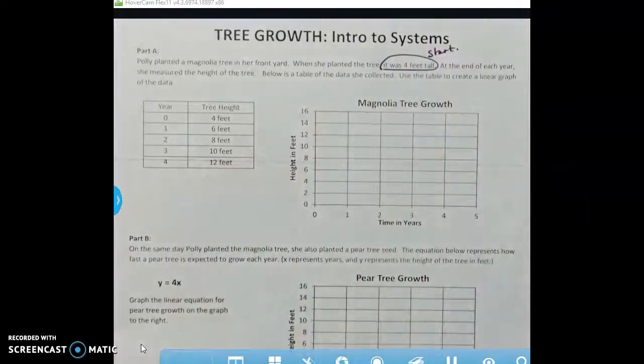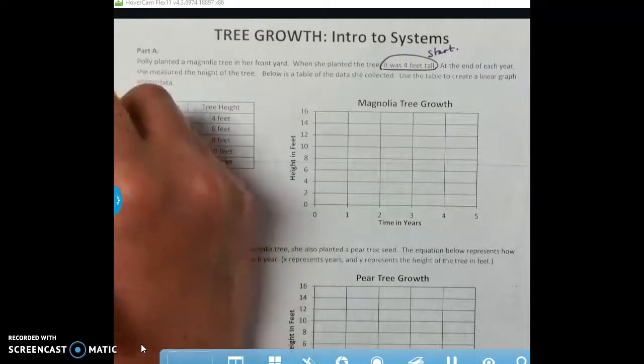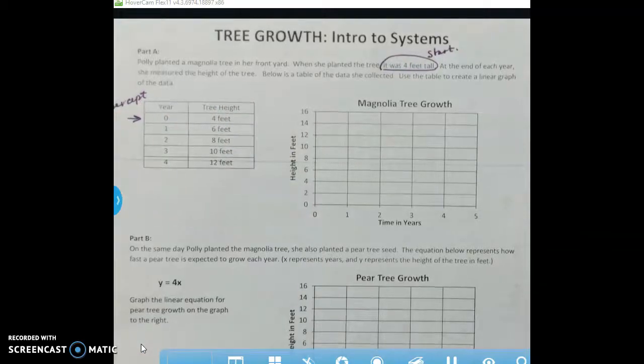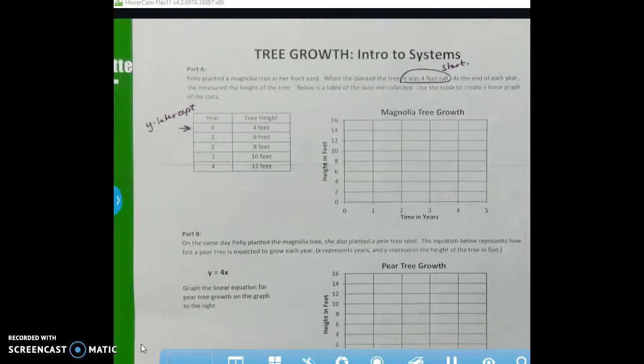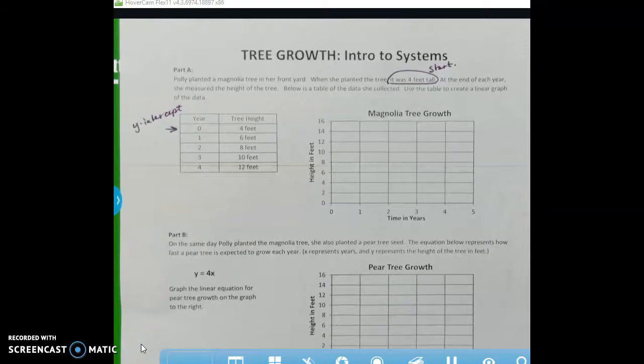Starting value, okay? This is year 0 right here. This is your y-intercept. We had this discussion where we just talked about slope and y-intercept. With systems, we're seeing lots of similarities, so you have to have the same approach.